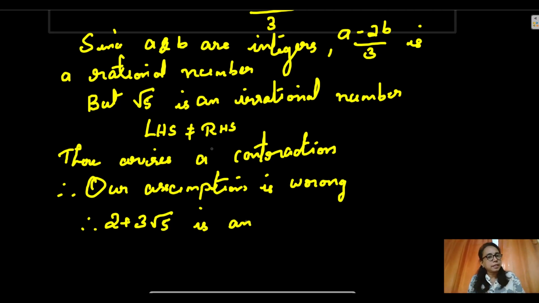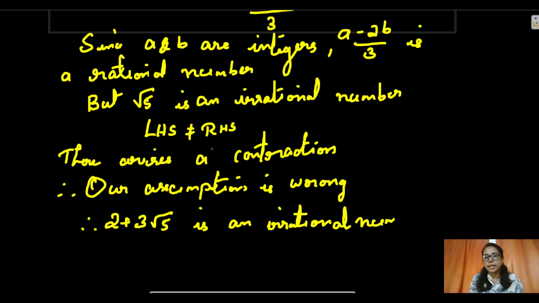We are getting RHS is a rational number, but LHS is an irrational number. So our assumption is wrong. So 2 plus 3 root 5 is an irrational number, not a rational number. Hence the proof.